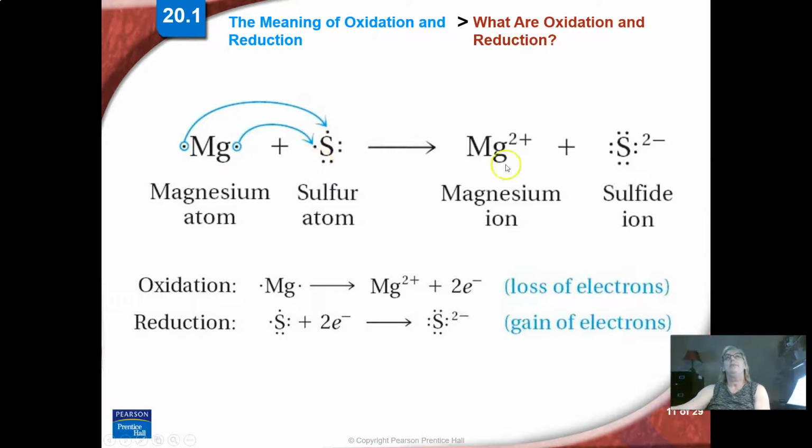When this happens, magnesium becomes magnesium ion, and sulfur becomes sulfide ion because it grabbed those 2 electrons. Magnesium lost 2 electrons, and when you lose, it's called oxidation. Sulfur gained electrons, it became more negative, so it's called reduction. This is a basic thing you should know for redox.